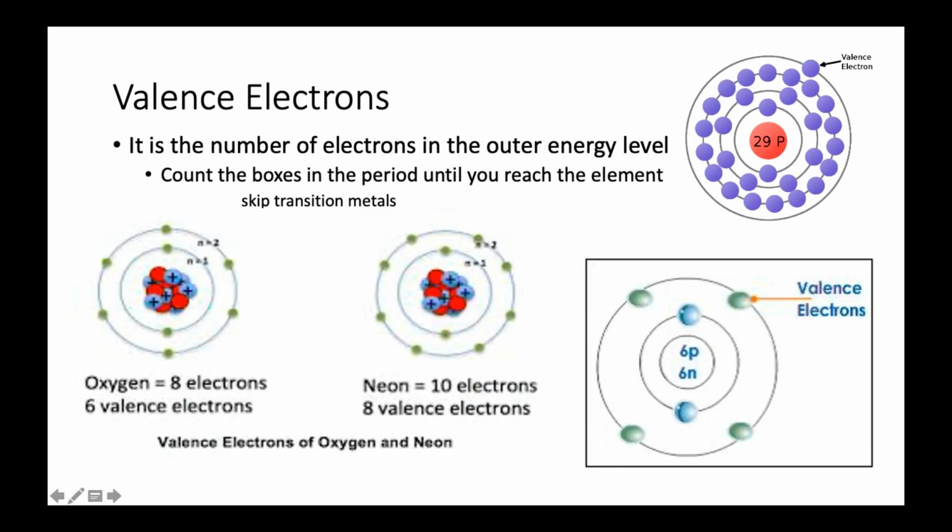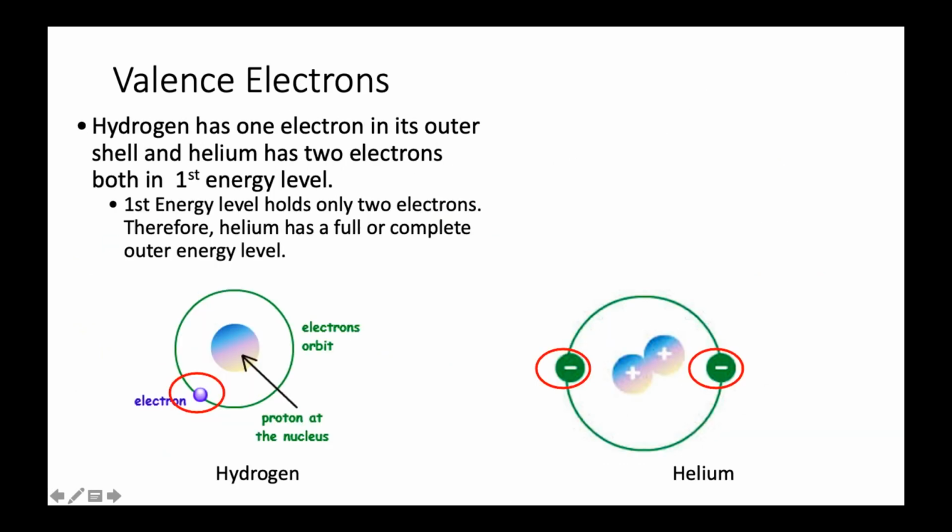So when we're looking at our Bohr models and we look at that outer energy level, the number of dots or the number of electrons in that energy level will tell us our valence electrons. If we go across our periodic table, I have hydrogen. Hydrogen is in group 1, in the first row, and so it has 1 valence electron.